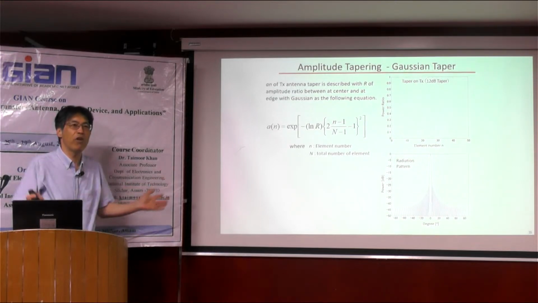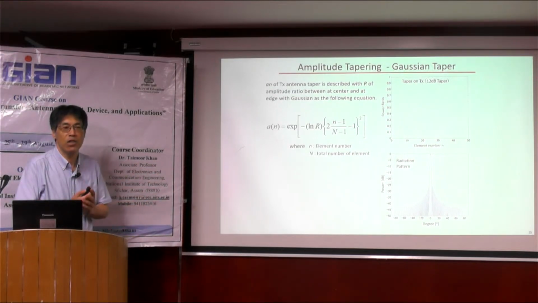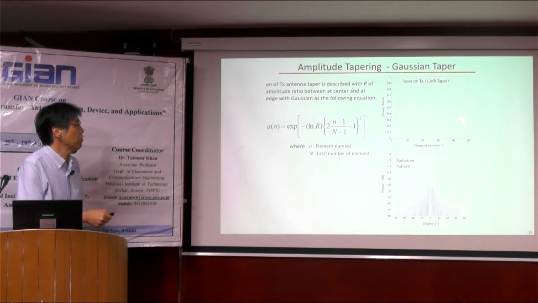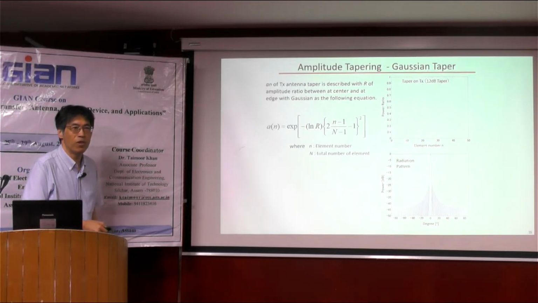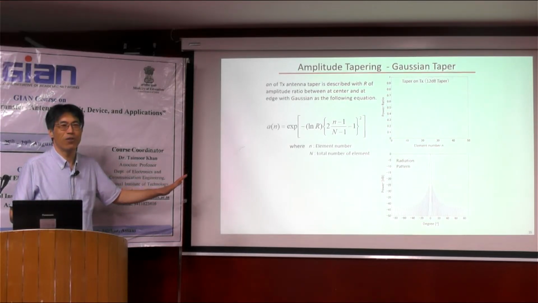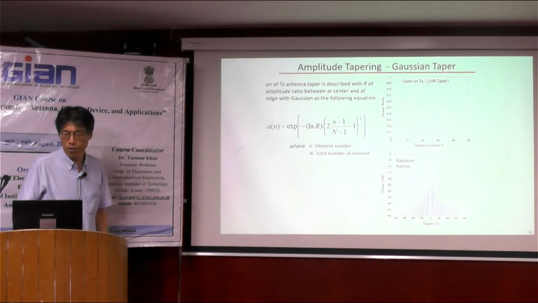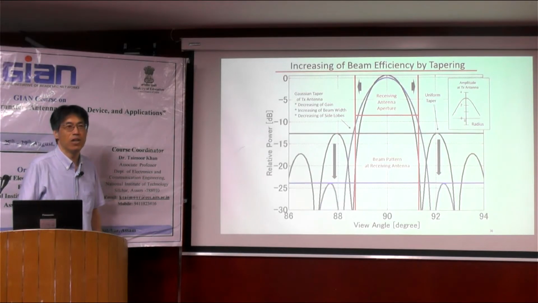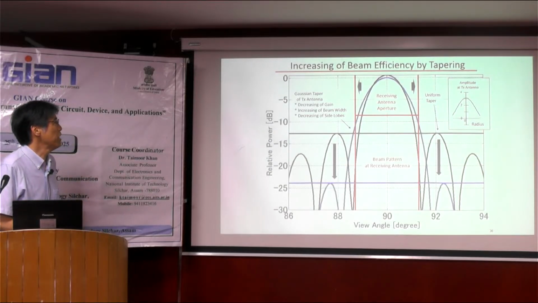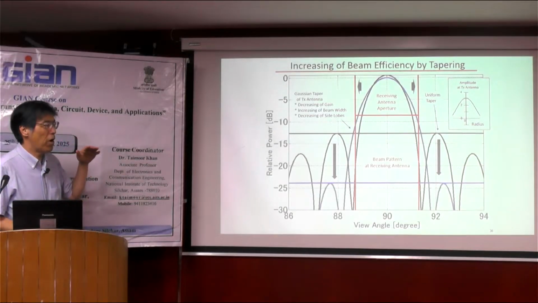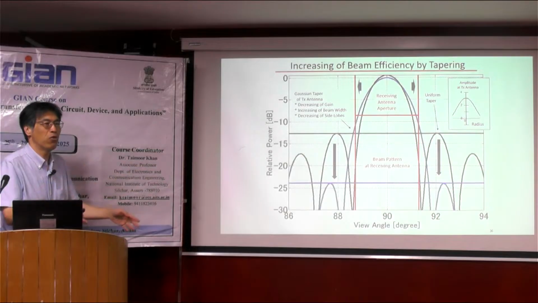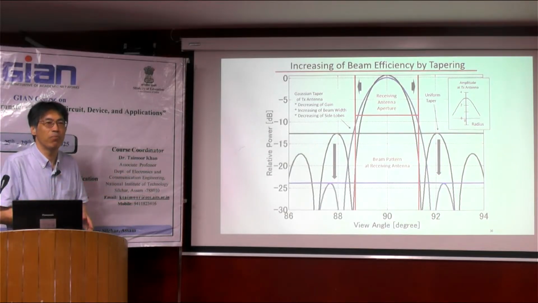We assume a plane aperture antenna, and as a result, we get this waveform. Of course, now you cannot tell whether this is a good waveform or not, so I would like to compare the beam form between the uniform power source pattern and the Gaussian beam pattern.